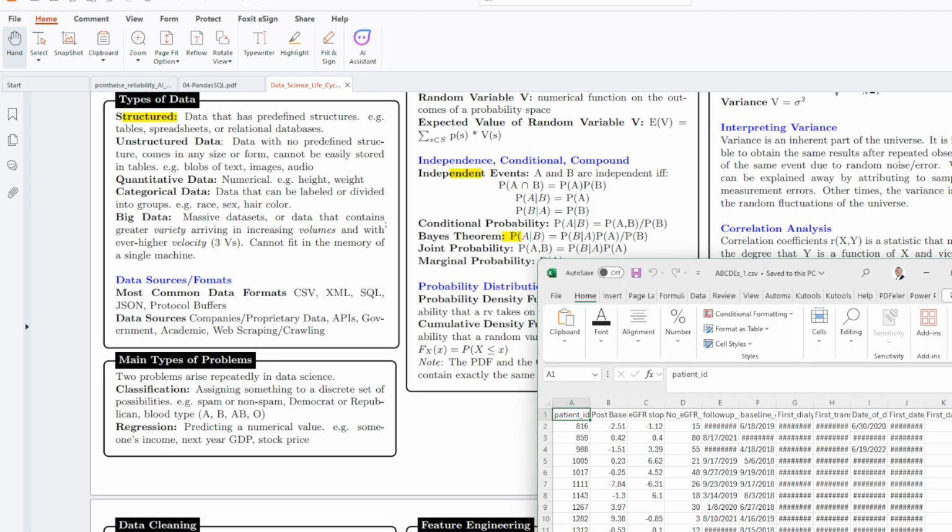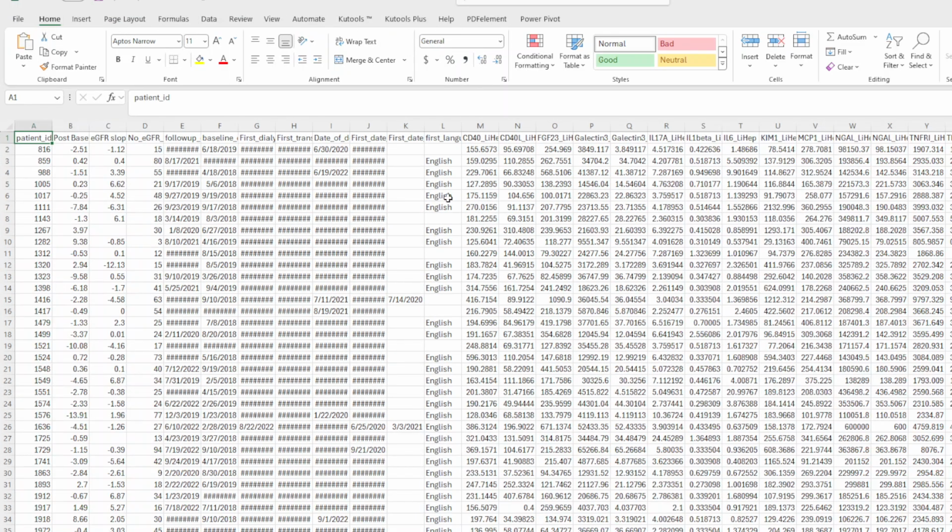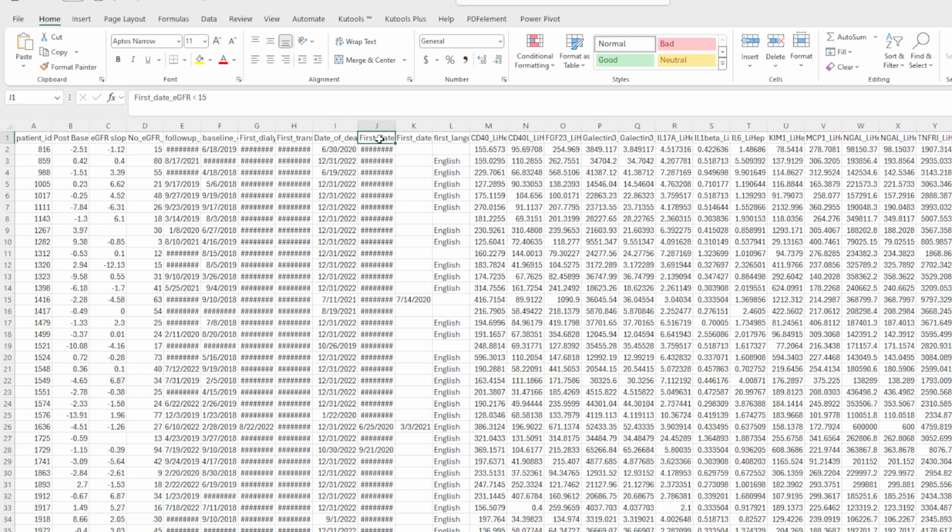So when I was talking of structured data, this is an example. You can see there is the patient ID, there are slopes, and there is the first date of transplant, so many biomarkers, but you can see they are organized already. The data is organized already.